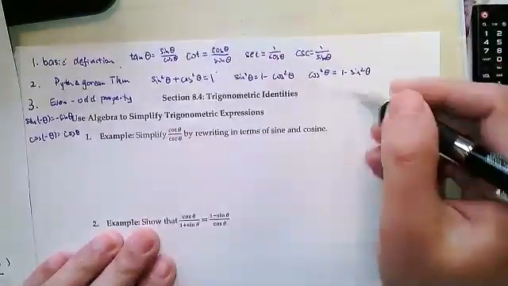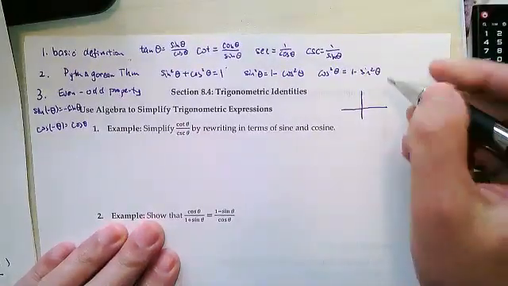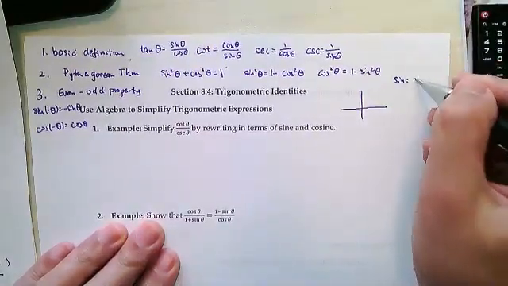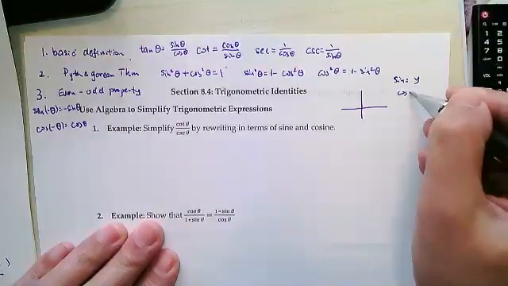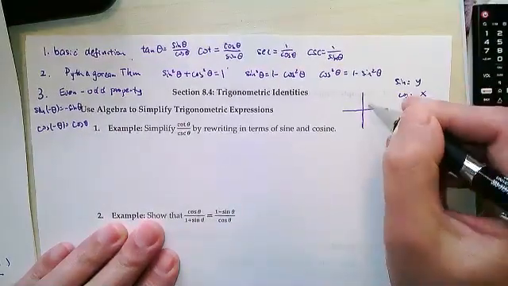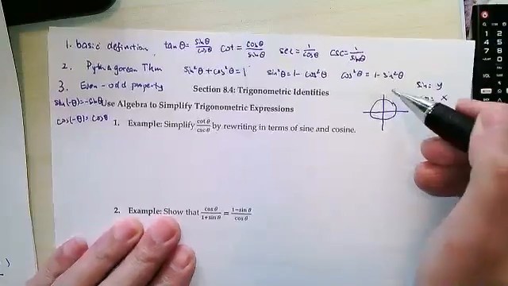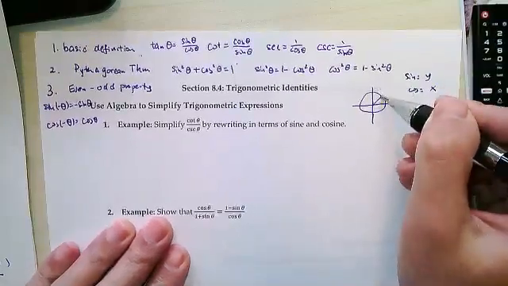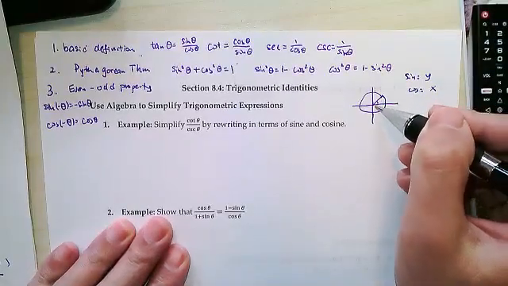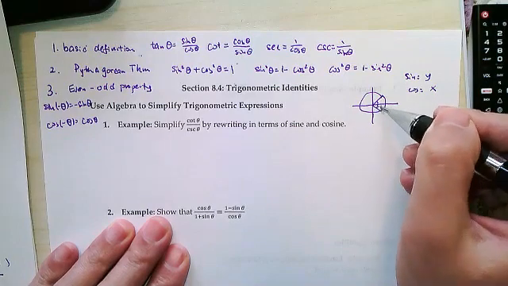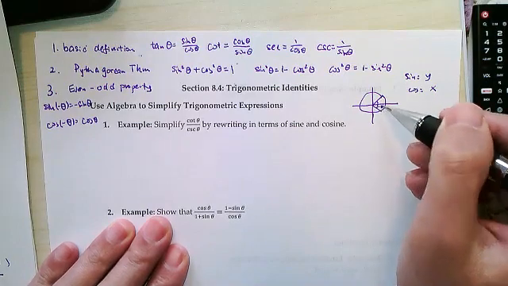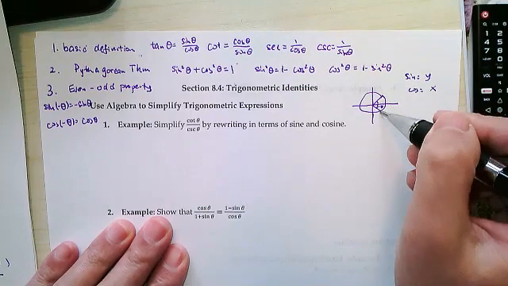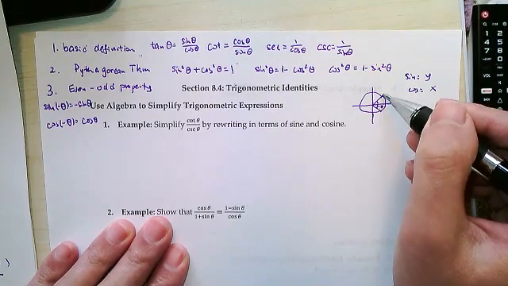Why does the even and odd property work? You know sine is the y coordinate, cosine is the x coordinate on the unit circle, right? So if we have an angle here and move it to the other side, making it a negative angle, does the y coordinate change value?